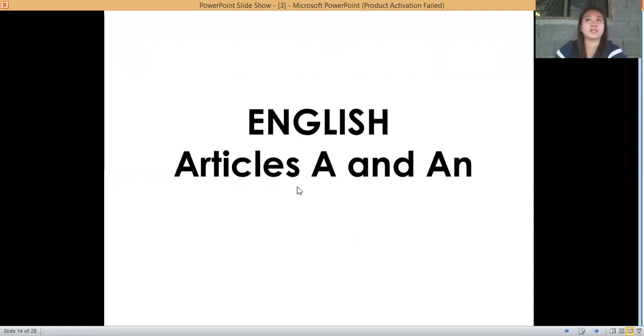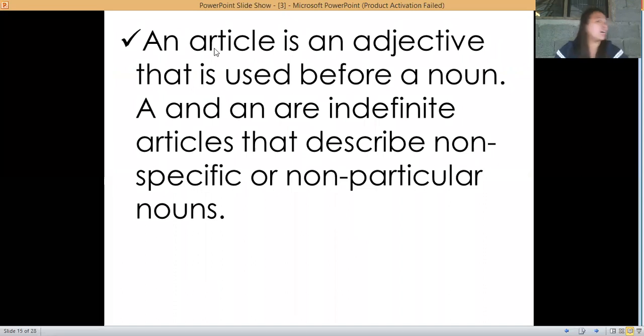Our next topic is articles a and an. An article is an adjective that is used before a noun. A and an are indefinite articles that describe non-specific or non-particular nouns.